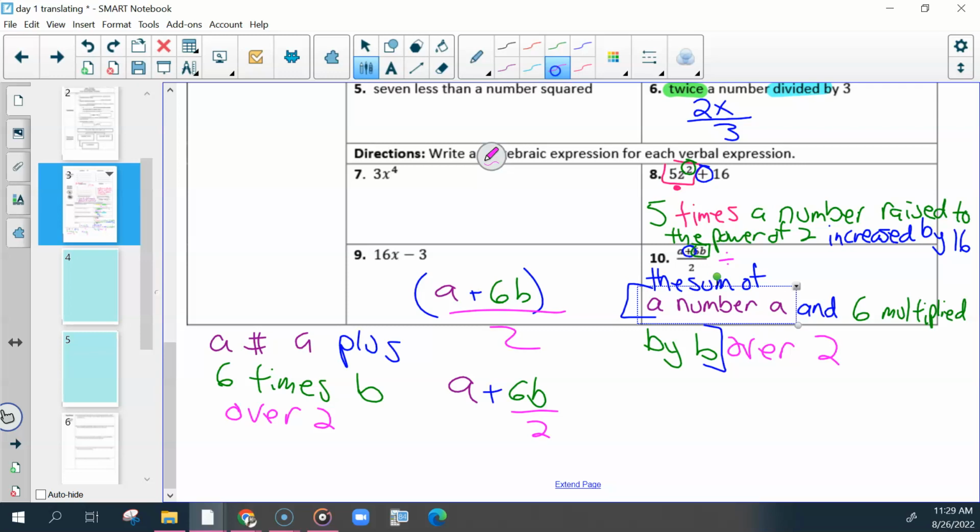The sum of at the beginning really helps us because that tells us all of this has to go together. Here, if we have something like this, in order to get everything divided by 2, we have to use words like all over 2, all divided by 2, or at the beginning use the quotient of this and this. So if you don't use those words all or your parenthesis phrases, you may end up with something that you don't want.